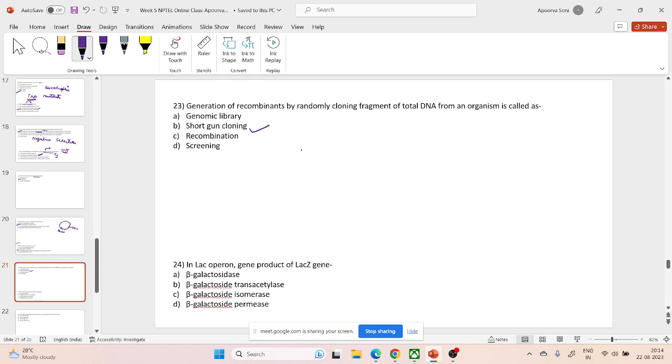Genomic library is different. Genomic library means the library of the genome of a particular organism. For making that library, we clone fragments, but that cloning is different from a genetically modified organism cloning.